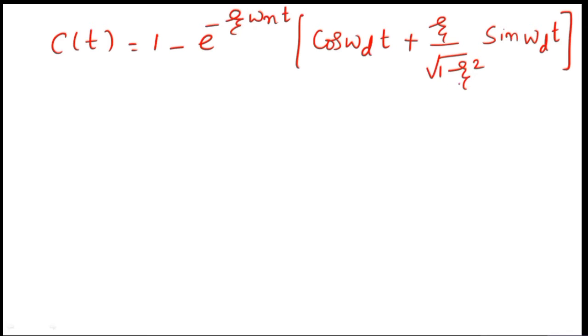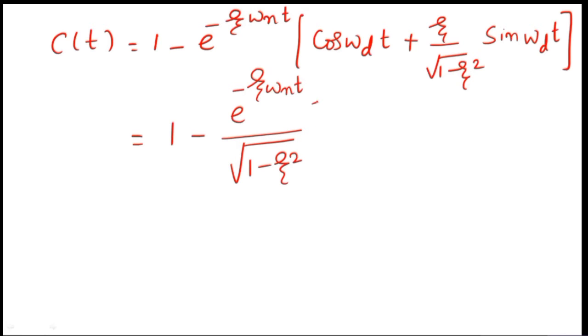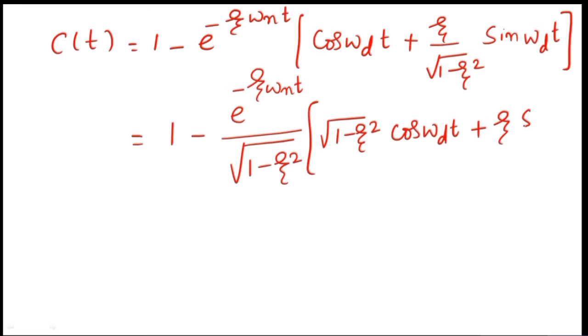In the denominator, you are having square root of 1 minus zeta square. You take the LCM, so that this is equal to e power minus zeta omega n t by square root of 1 minus zeta square into root of 1 minus zeta square cos omega d t plus zeta sin omega d t.